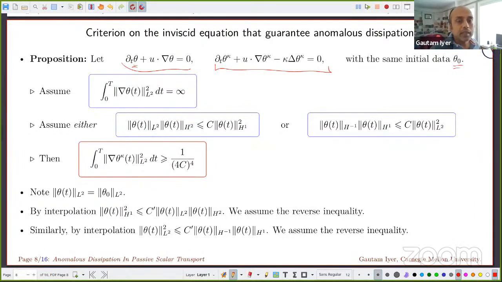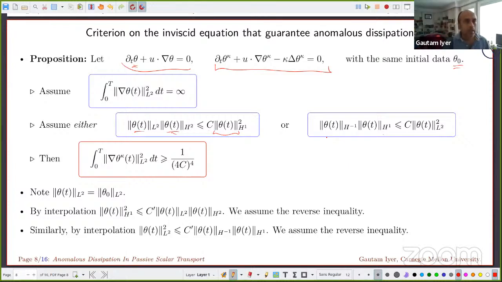Either the L2 norm times the H2 norm is bounded above by the H1 norm squared. I'll say more about this in a second. Or alternately, the H minus 1 norm times the H1 norm is bounded above by the L2 norm squared. I'll say more in a second as well. And again, both these assumptions are for theta, the solution of the inviscid equation. Nothing about the diffusive equation yet.